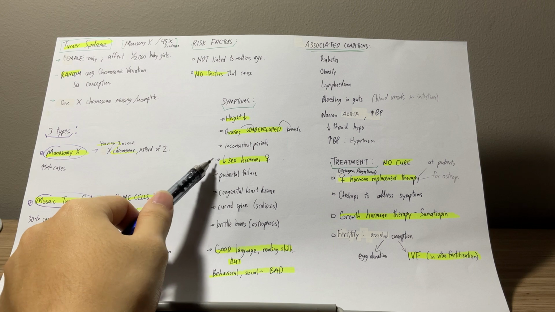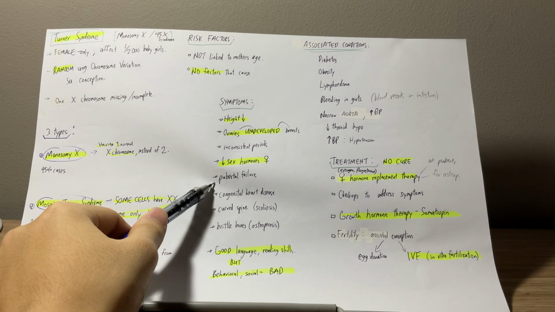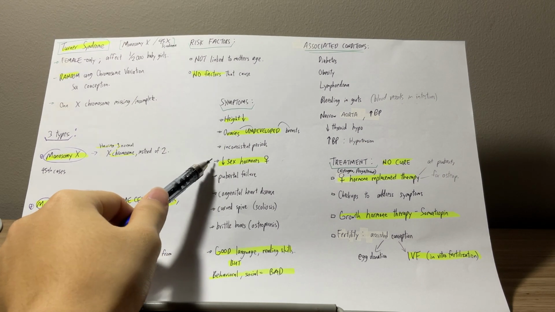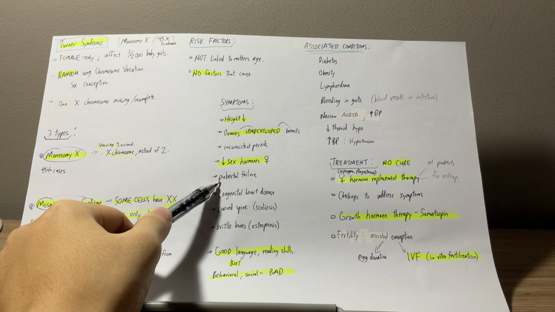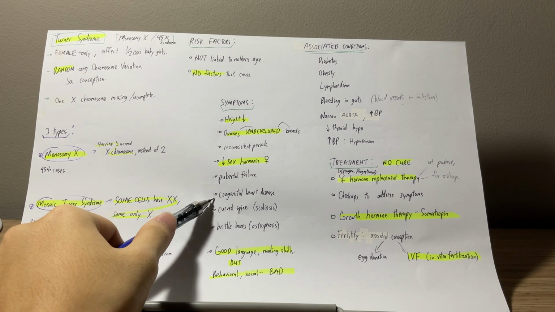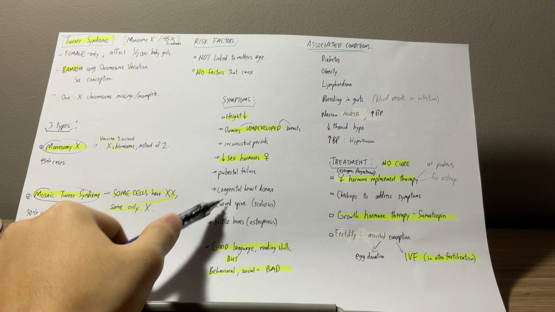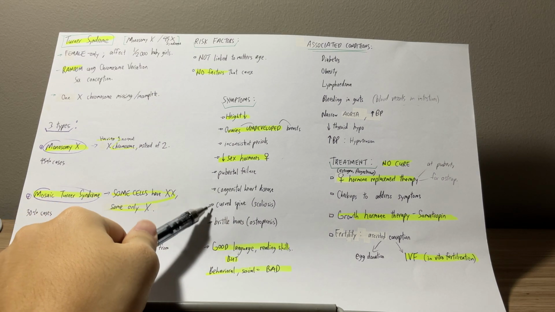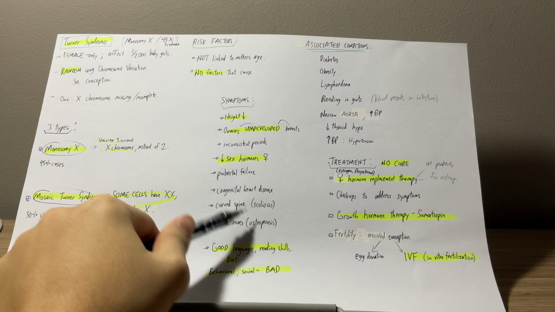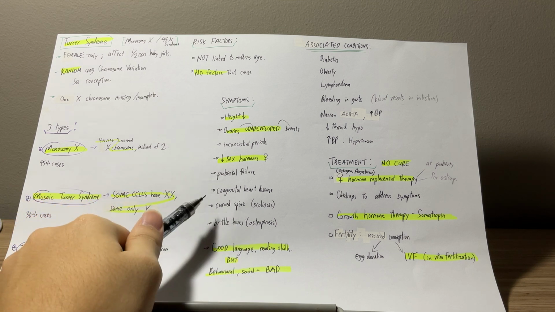So these happen at the same time, if you get what I mean. There is congenital heart disease, there's curved spine, in other words, scoliosis. Bones are brittle, in other words, osteoporosis.